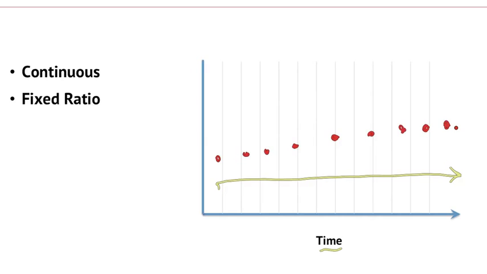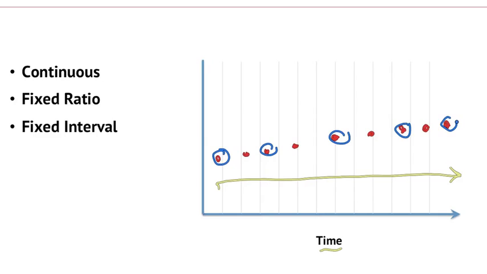But let's assume that there's this certain level of actions. Fixed ratio says every n number of times you get the reward. So let's say the fixed ratio is every other time you get the reward. That would mean you get a reward the first time, the third time, the fifth time, the seventh time, the ninth time, and so forth. That's a fixed ratio reward.